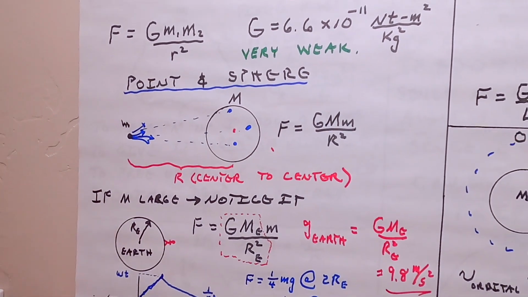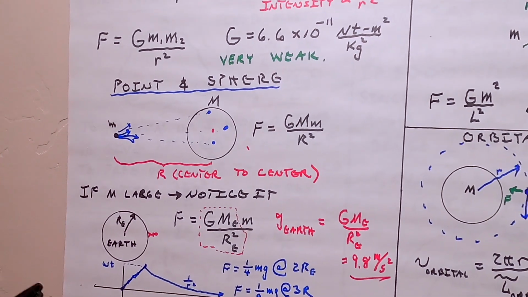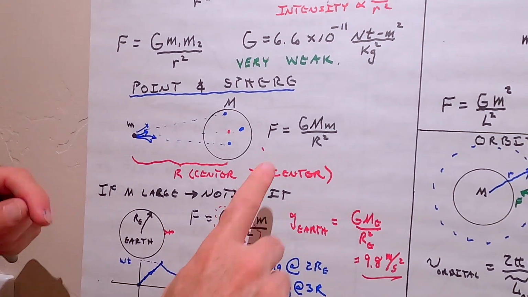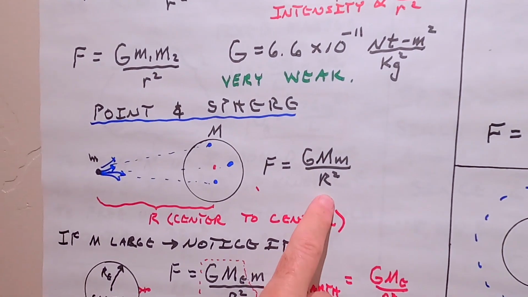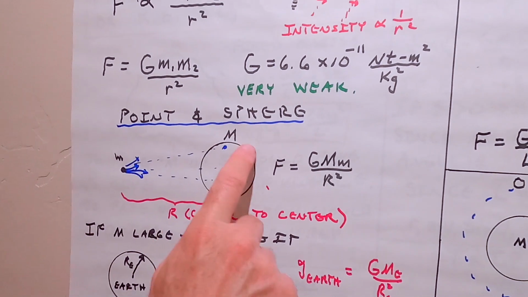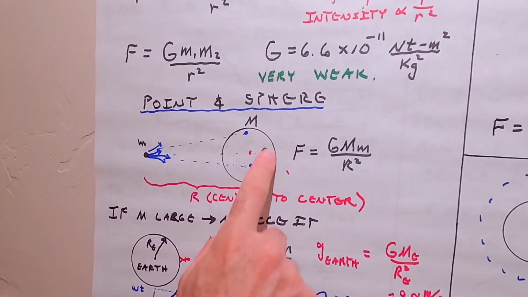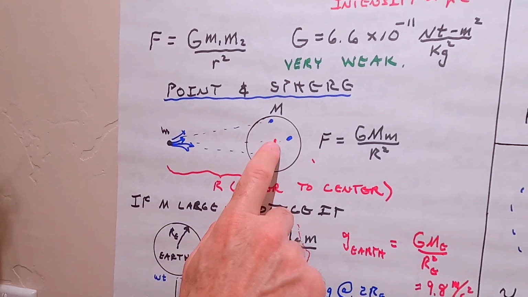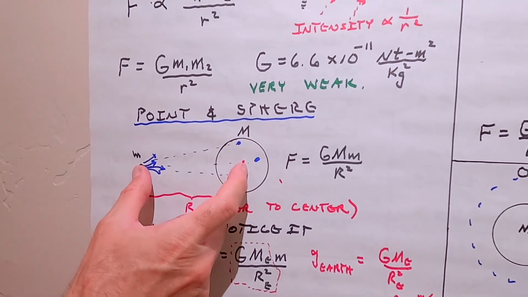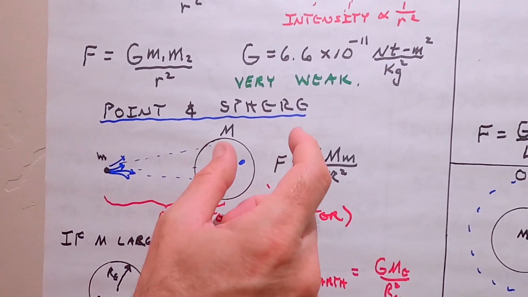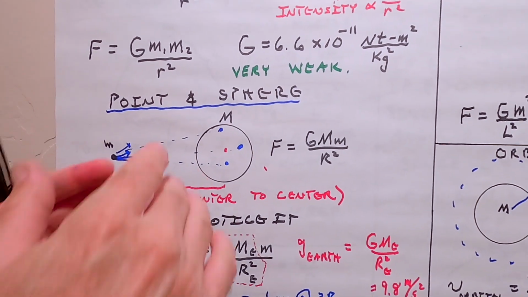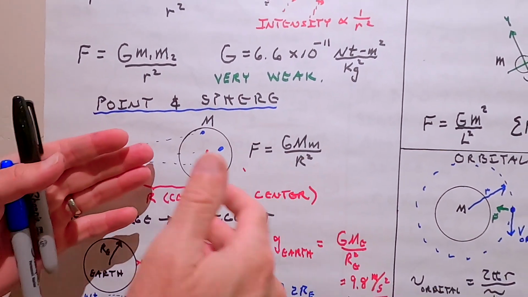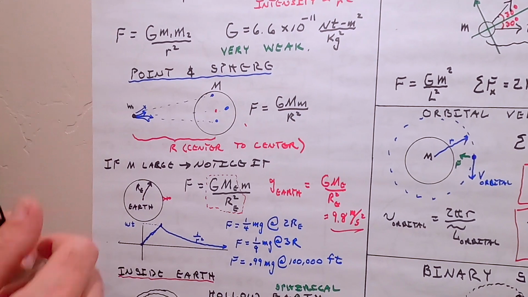When you do all that, it comes out to be exactly the same equation, but for your m, you put the total mass, and for your r, you put the distance from here to the center. It's only from center to center. This only works for a sphere. It wouldn't work for a cube or a stick or any other shape. It only works for spheres.